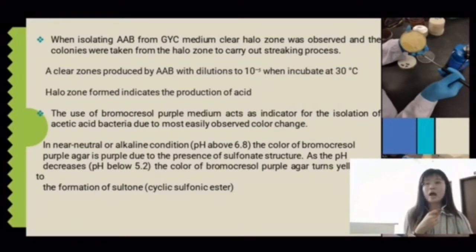But after acetic acid bacteria are found on the agar, it changes color due to the change of pH. Initially it is purple, but afterwards it becomes a yellow agar. This indicates that acetic acid bacteria are found on the agar. We also observed this color change in our experiment, which indicates acetic acid bacteria are found in the agar.